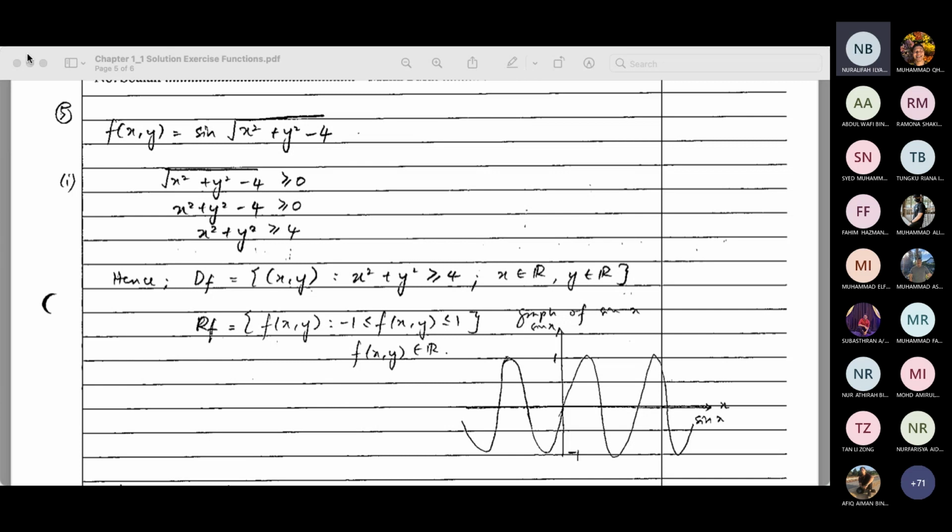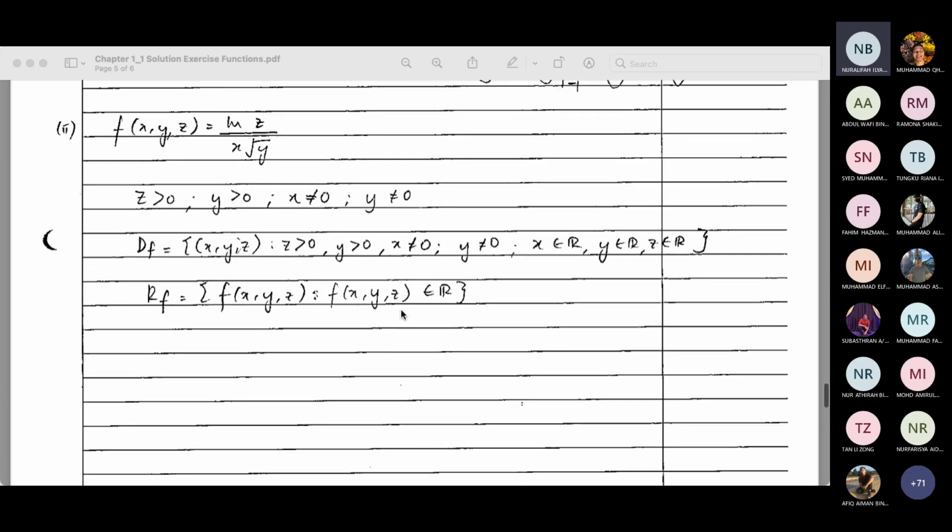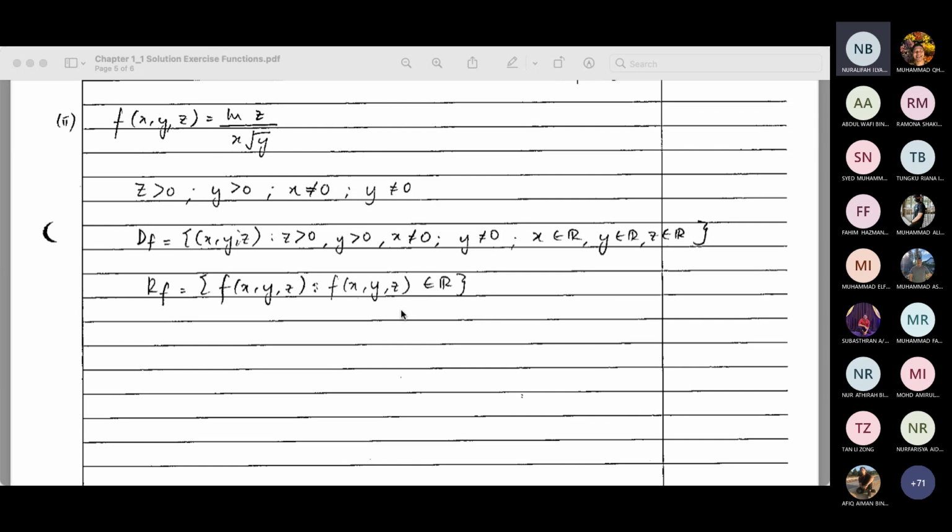Dan. Okay. So the next one, kita ada function x, y, z for ln z over x search y. Okay. So z akan jadi lebih besar daripada kosong. Syarat-syarat dia. Y must be greater than 0 by which x dan y tak boleh sama dengan kosong.